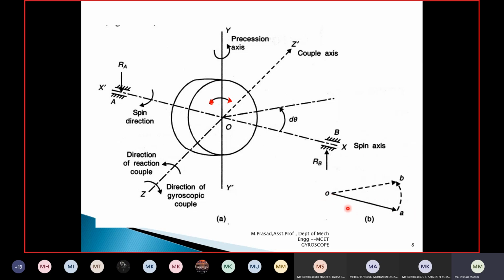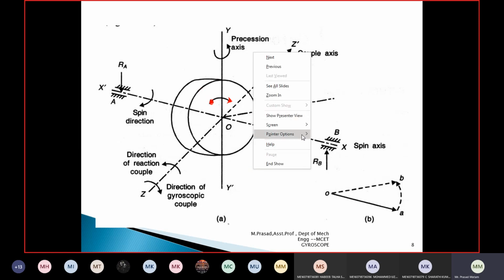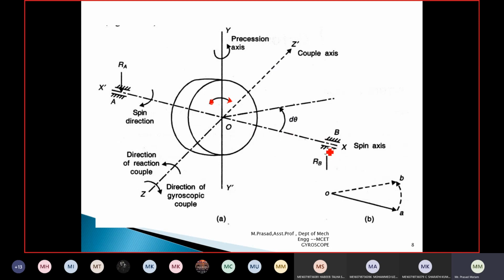OA is having angular velocity h. Now what is happening? The spin vector tries to move in the y axis, that is called the precession axis.